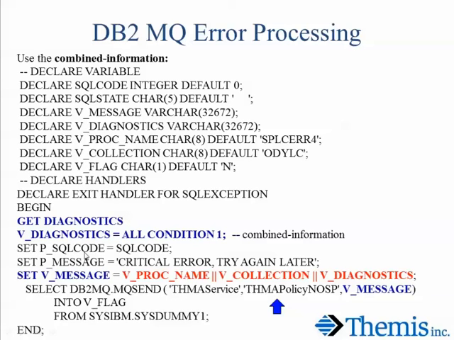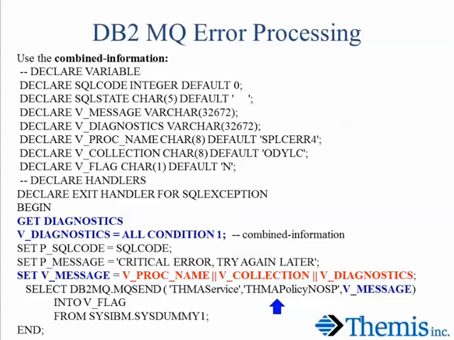I move it to the output parm in the SQL code, and I also move the critical error, try again later, common error that goes back to the caller. I use a variable called vMessage. This is the message I'm going to write out to the MQ series queue.